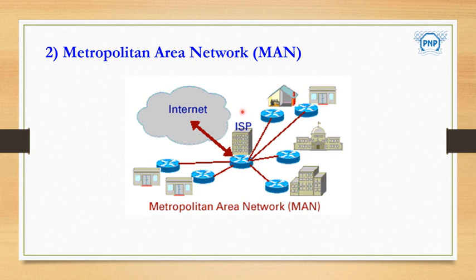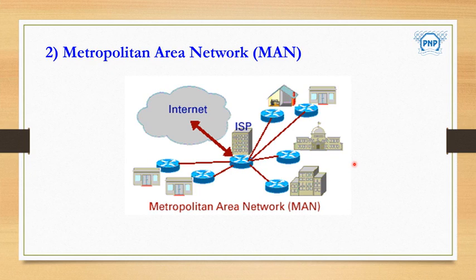Offices of a business organization located at different parts of a city would use a MAN. For the communication link, each MAN hires a dedicated telephone line from the local telephone company. Such a dedicated line is intended solely to send their data. So in this metropolitan area network, suppose there is one company which has offices at different locations.